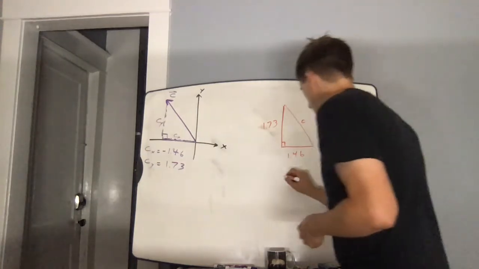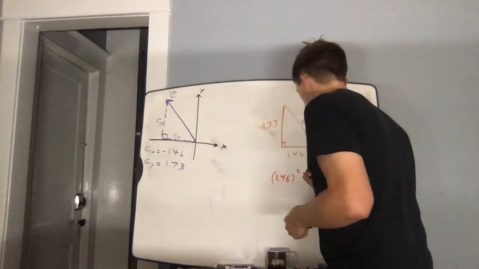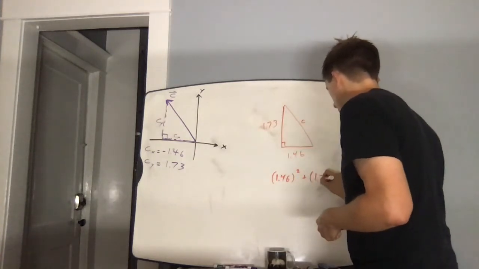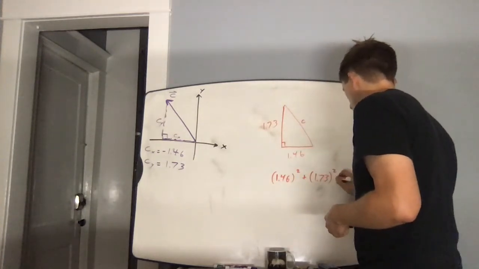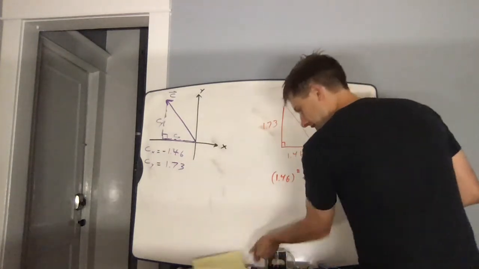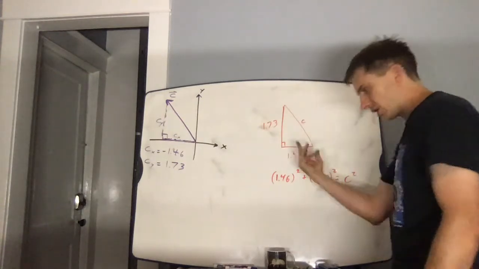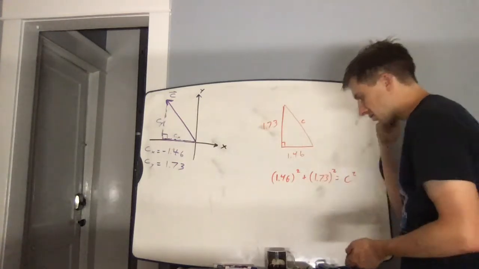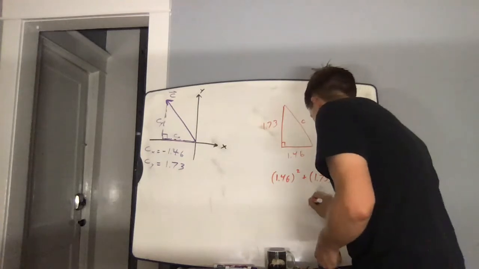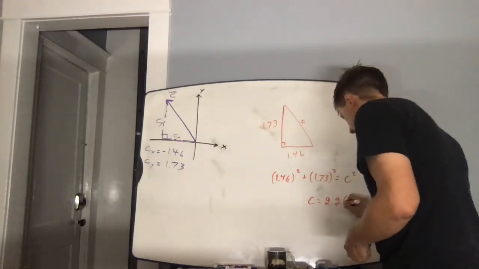You could say 1.46 squared plus 1.73 squared equals C squared. And then you would put numbers in a calculator. Don't forget to take the square root when you are going through your calculation, and you find C is equal to 2.26.